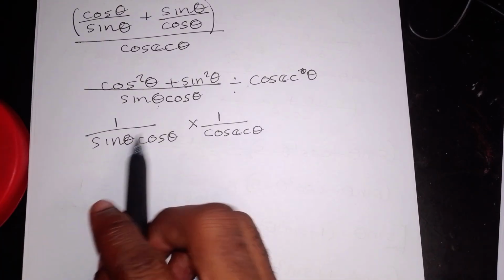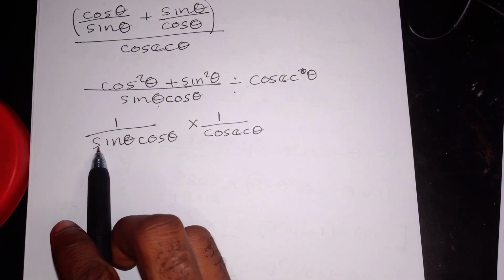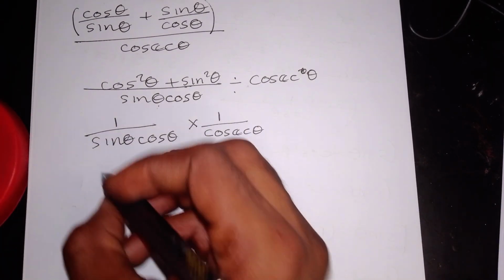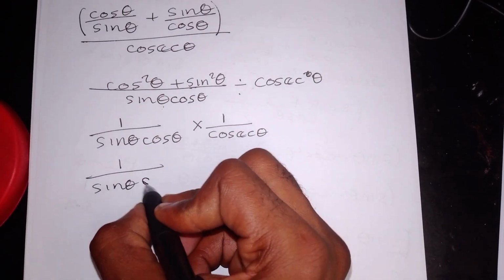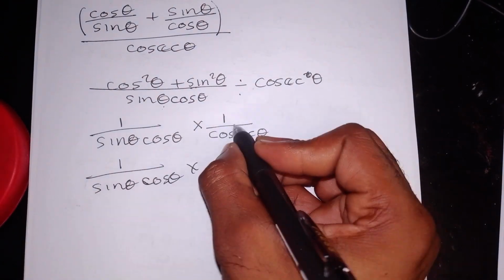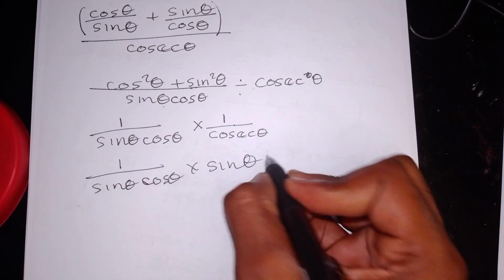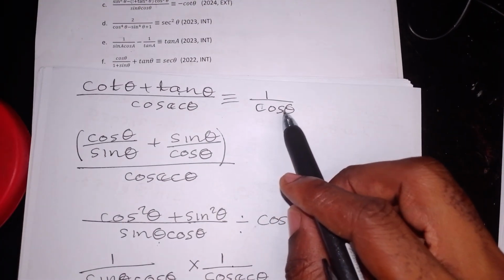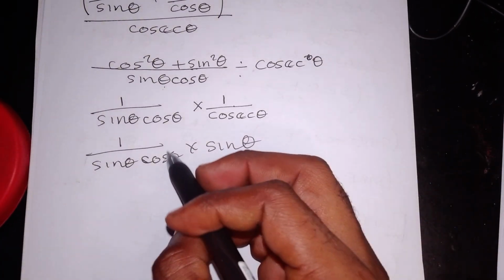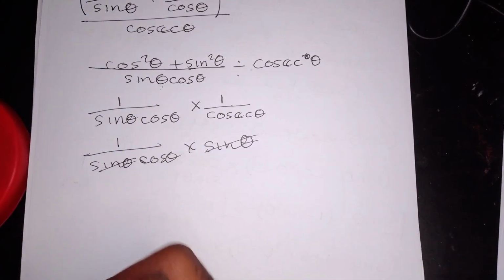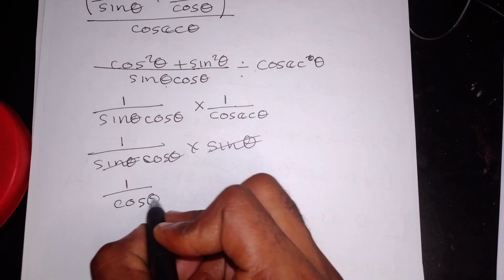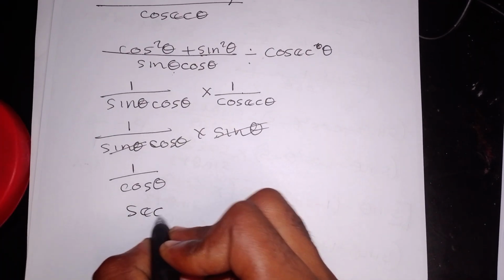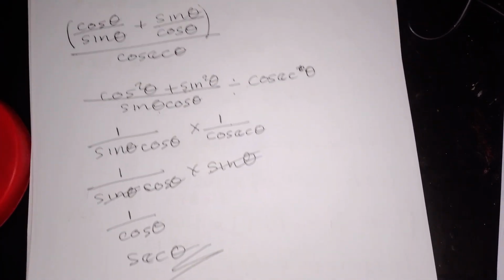Or you can still multiply this by this, and then you can say sine times cosec is 1. So I'll just change this to sine theta. Remember, I just want the cosine, so it's actually good that these two are cancelling out. So we're remaining with 1 over cos theta, which is sec theta, and we're done.